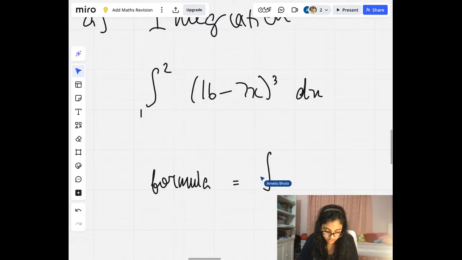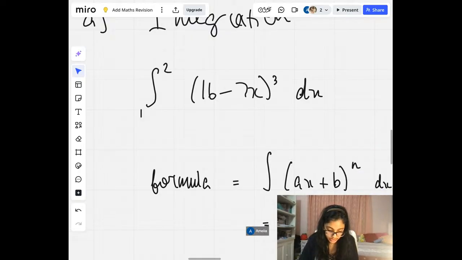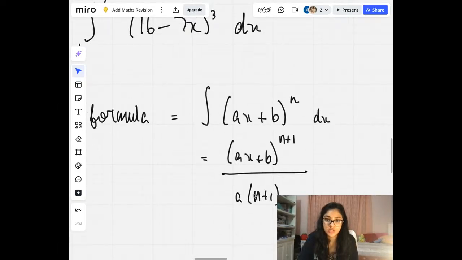So if I want to integrate something that looks like ax plus b raised to the power of something, let's call it n, then basically I'm going to take the bracket ax plus b, add 1 to the power, n plus 1, and put this all over the a from the bracket and multiply by the n plus 1. Okay, so I'm just going to substitute these values in.